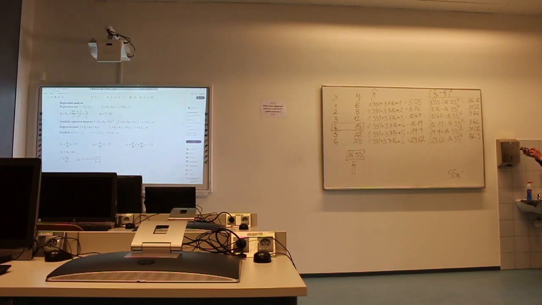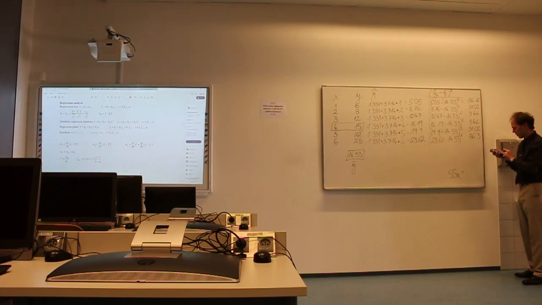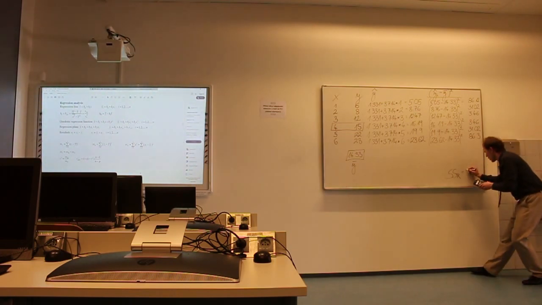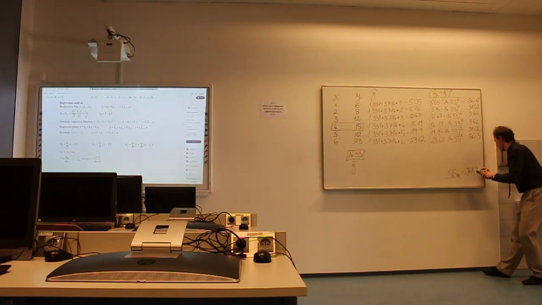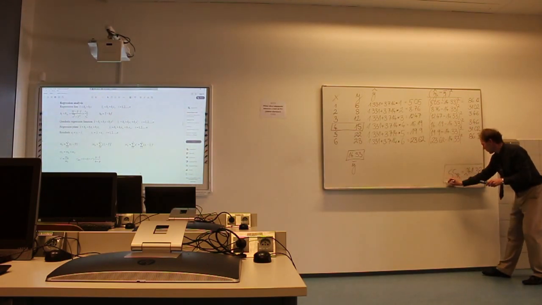Regression sum of squares. 86.12 plus 31.02 plus 3.46 plus 3.46 plus 31.02 plus 86.3 is 241.38.